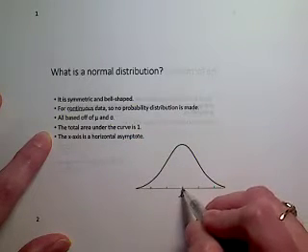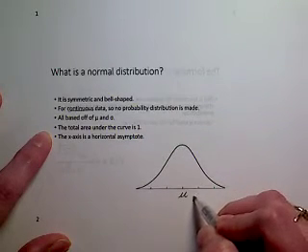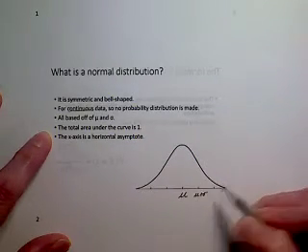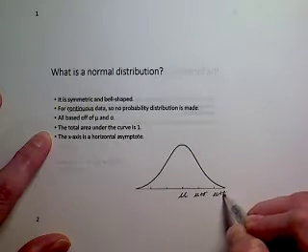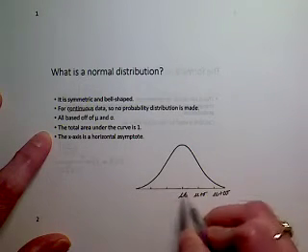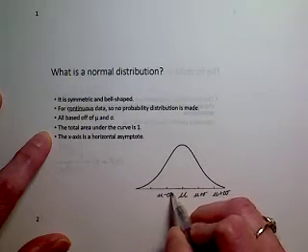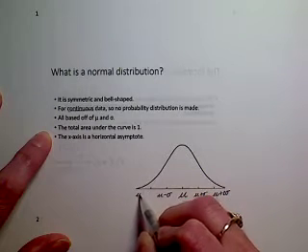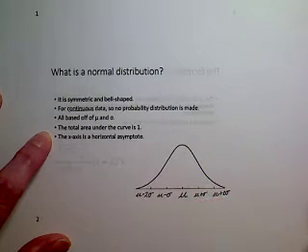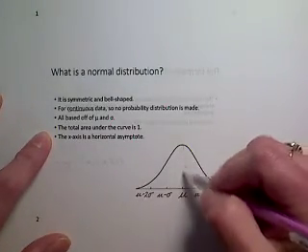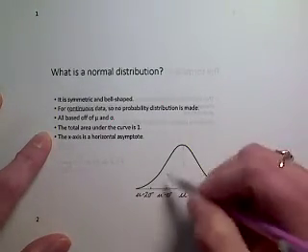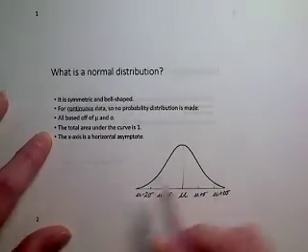And so when I go this direction, this is 1 standard deviation, this is 2 standard deviations, and this is going and subtracting the standard deviations, so minus 1 sigma and mu minus 2 sigma. Okay? And that divides up my bell curve into different standard deviations.